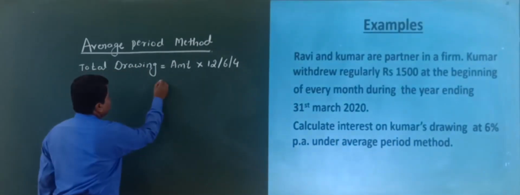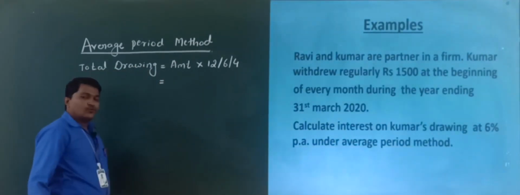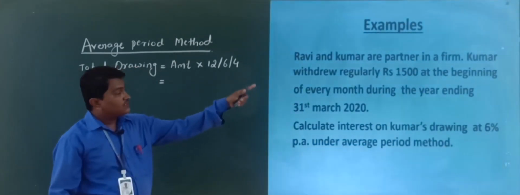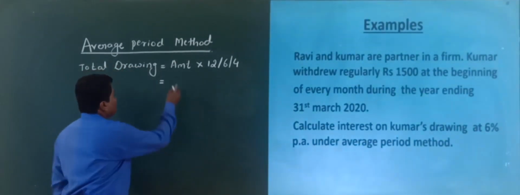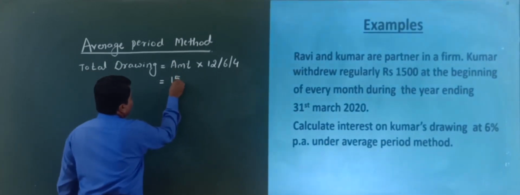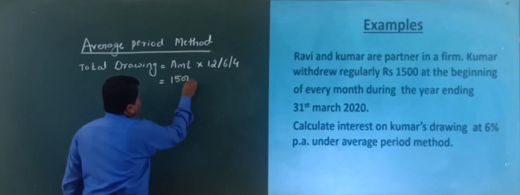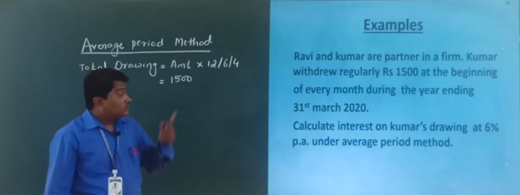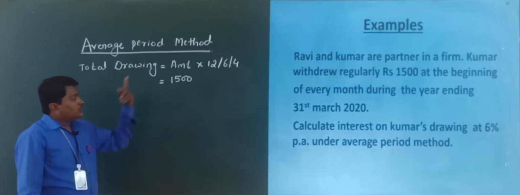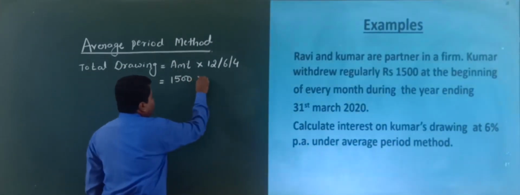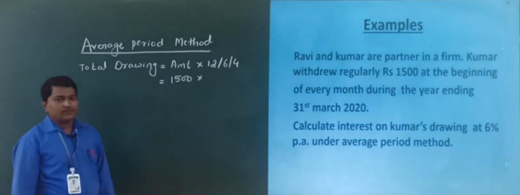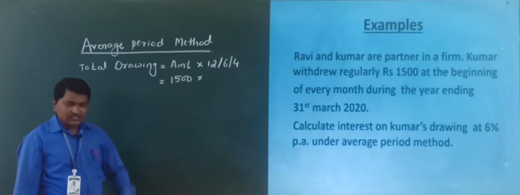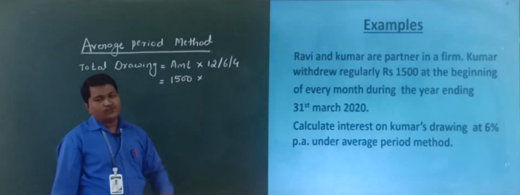So here, what amount did he withdraw regularly? Yes, rupees 1500. This is the amount of drawing. So I will write here 1500. Right. So this 1500 you multiply by either 12 or 6 or 4.